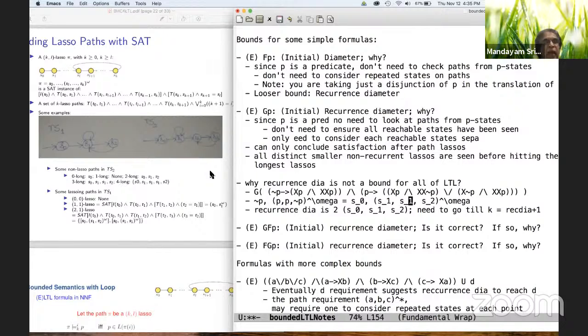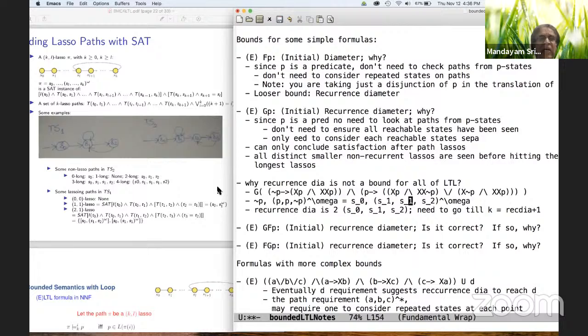Therefore, when you have nested X's, or nested things in general, your bound is no longer the recurrence diameter; it can definitely be larger. You see that by getting XXP itself. In this case, it is enough to use recurrence diameter +1.